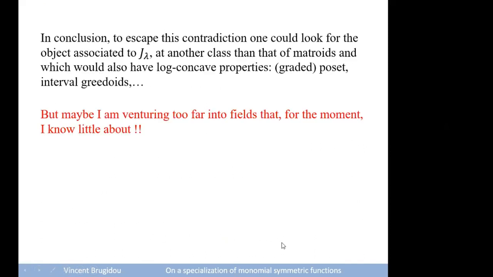In conclusion, one could look at another class than that of matroids, and which would also have log concave properties. For example, graded poset intervals, greedoids. But maybe I'm venturing too far into fields that for the moment I know little about.